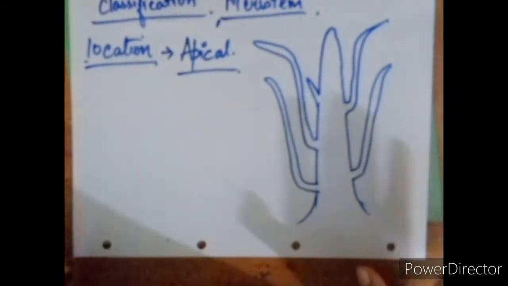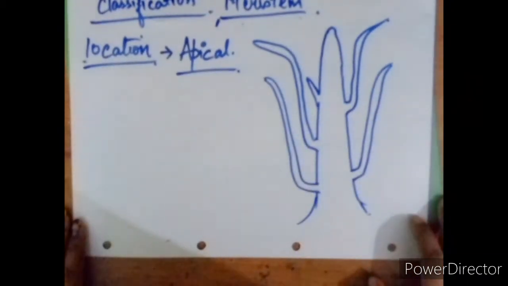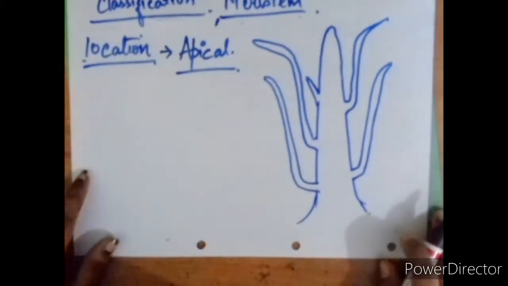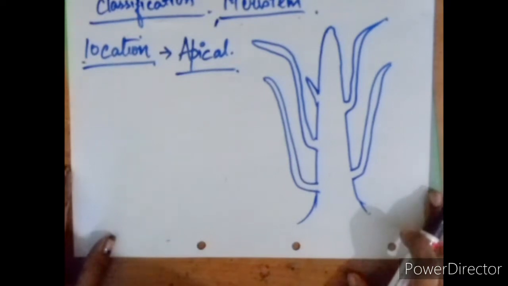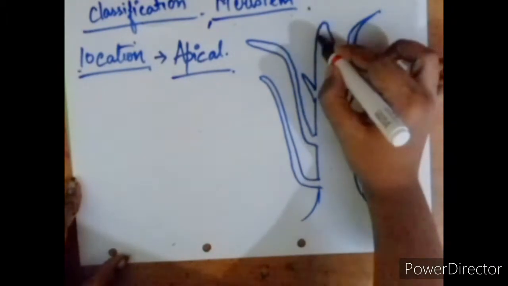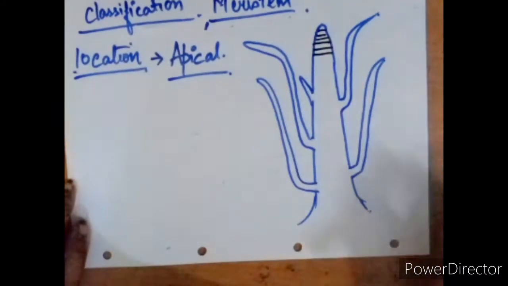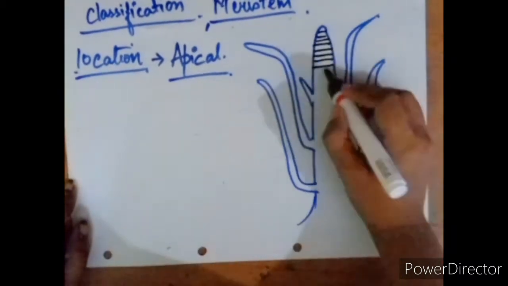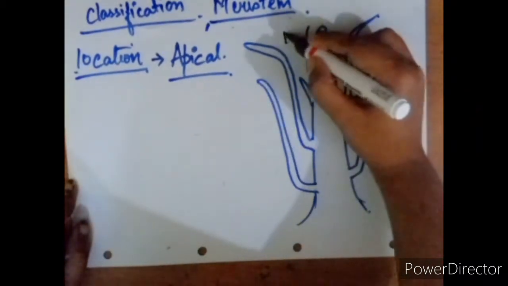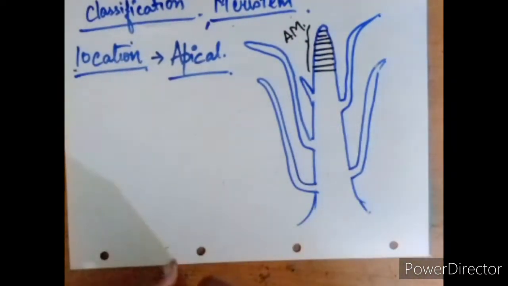If you have any doubts, please leave your doubts in the comment box below, so that I can clear your doubts. See here, apical meristem is a very important concept, and it has to be cleared. See this portion, the apical portion, the apex portion of a plant, from where new leaves and new buds are going to come out. So this area is known as apical meristem. Clear? Fine. Now intercalary, another, according to the position of the meristem I am discussing this.